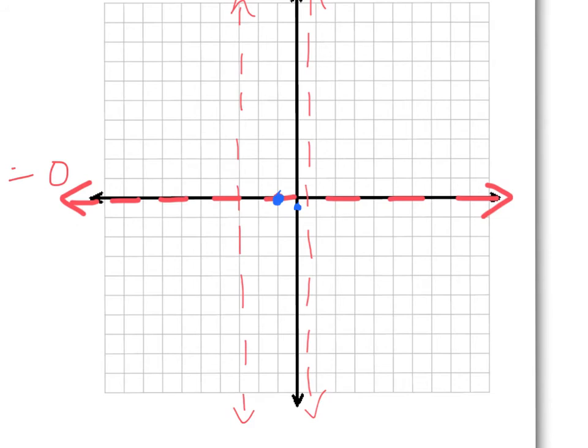Because my graph does cross the asymptote here, I'm crossing my horizontal asymptote one time, and then I am being drawn toward those other 2 vertical asymptotes. The only time your graph will ever cross this horizontal asymptote is right at this place. Notice I have a whole bunch of free space on the left and a whole bunch of free space on the right. This is why we have extra points.